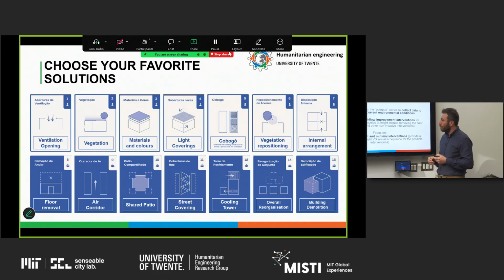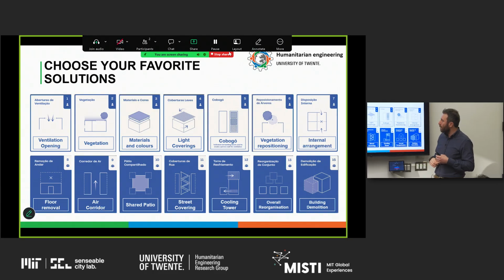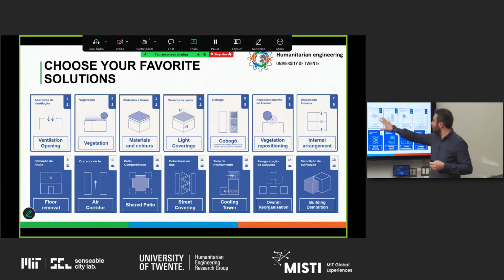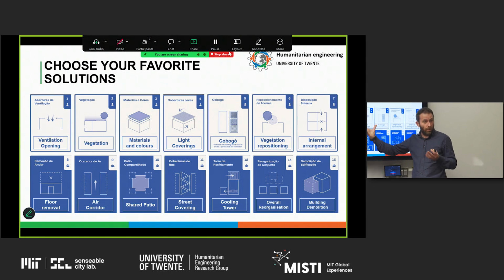We propose some possible solutions. The white solutions are those two groups of intervention solutions that have been developed, I think, during the workshop by Martina, the researcher in Rio. In white, we have solutions that are connected to a single household.